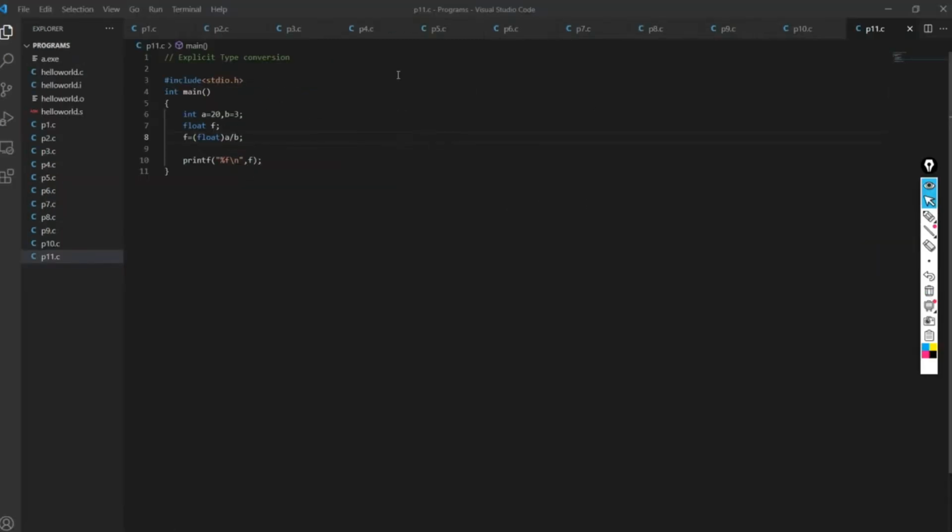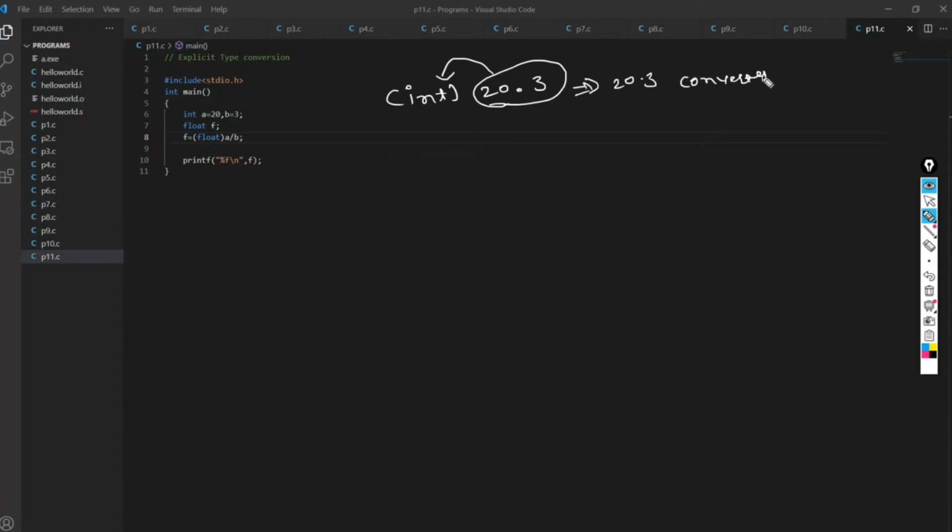For example, I'll write integer 20.3. What is the meaning of this line? It means my 20.3, which is float data, will be explicitly converted into integer. Here 20.3 is converted to integer. Next, float 20 divided by 3.